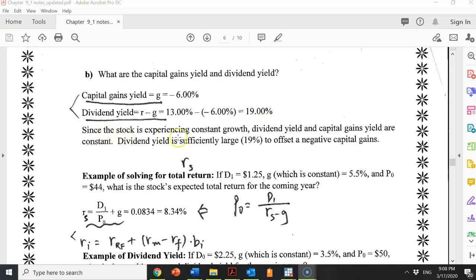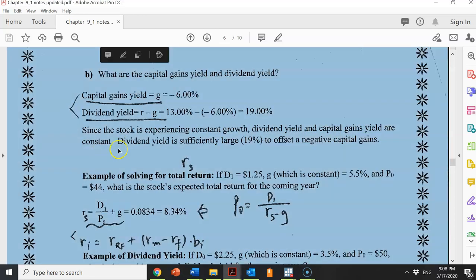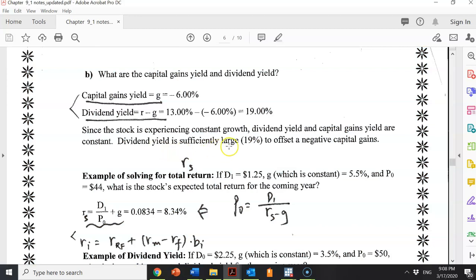Since the stock is experiencing constant growth, dividend yield and capital gains yield are constant. Dividend yield is sufficiently large, 19%, to offset the negative capital gains yield. So we have a negative capital gains yield, but because of our large dividend yield, our total return is still positive.